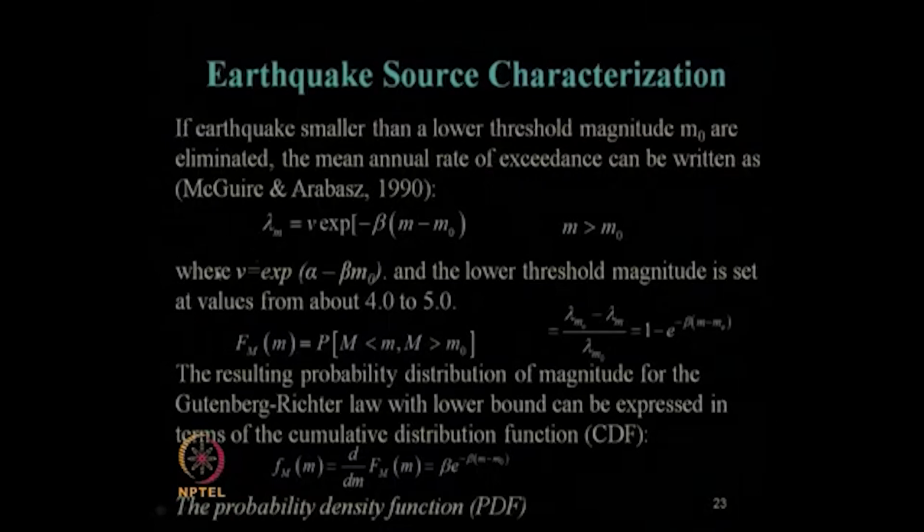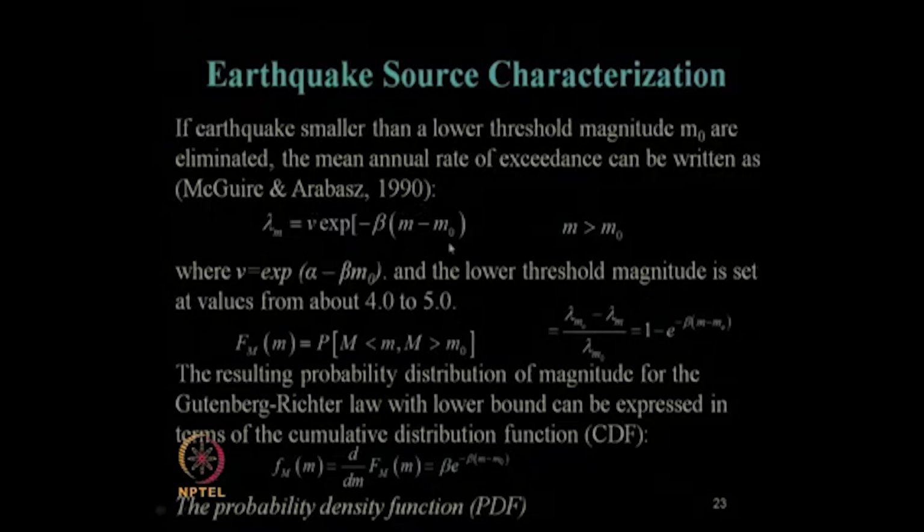So, now let us see earthquake source characterization, how to characterize this. If earthquakes smaller than a lower threshold magnitude m naught are eliminated, then the mean annual rate of exceedance can be written as proposed by McGuire and Arabasz in 1990.